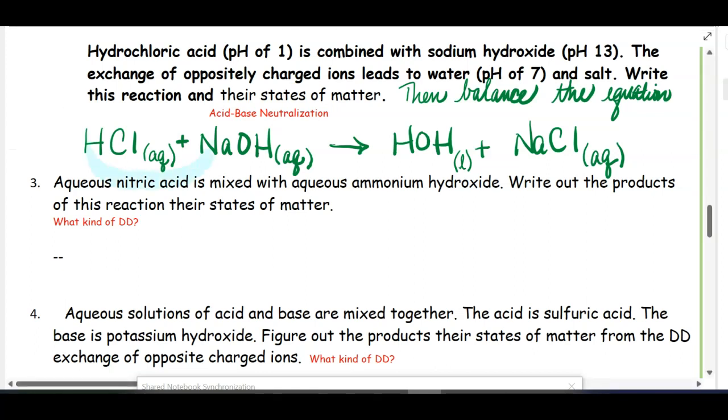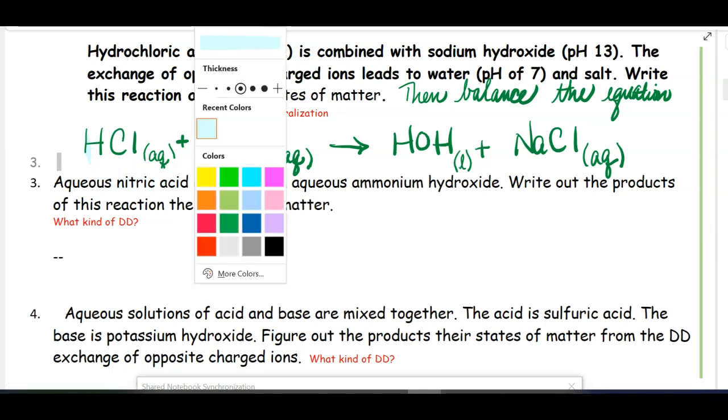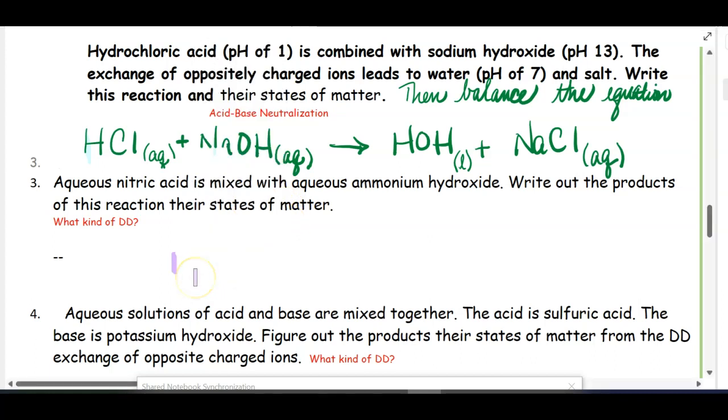Whoops. Let me erase that. And get a darker color. Okay. So hydrogen is now dancing with hydroxide, and sodium is now dancing with chloride in the exchange of dancing partners.